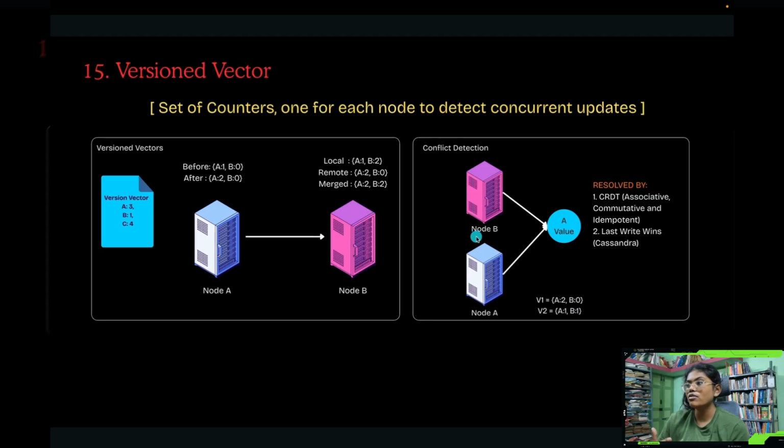It can be resolved by CRDTs, conflict-free replicated data types, using associative, commutative and idempotent properties, and last write wins, which is the last write that has been done wins. This is not an efficient way, but Cassandra uses it.